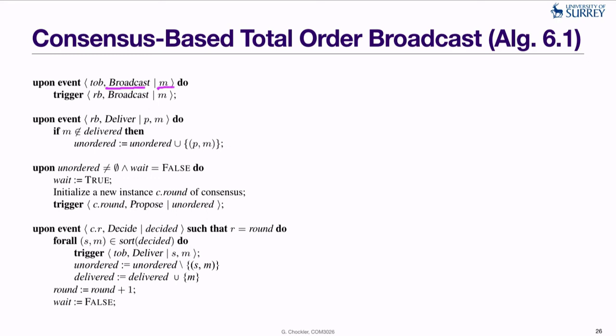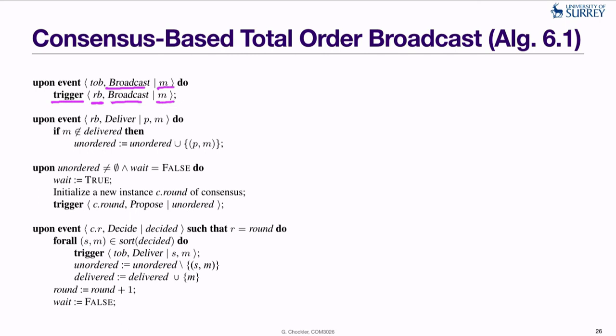For instance, that could be the seat reservation system that we have discussed. Whenever that happens, the handling of this event is pretty simple. We basically just pass this request on to the underlying reliable broadcast layer. So we just trigger an event, request to broadcast M, at the reliable broadcast layer.